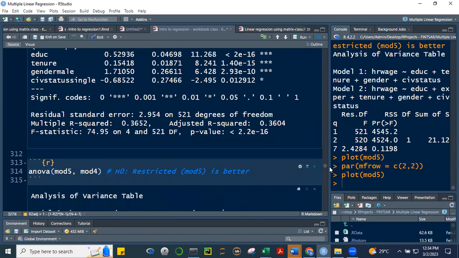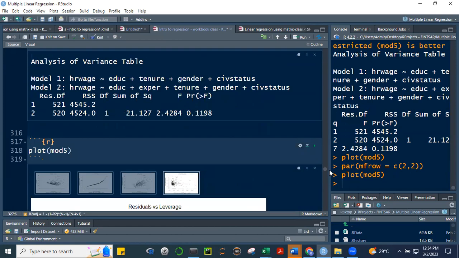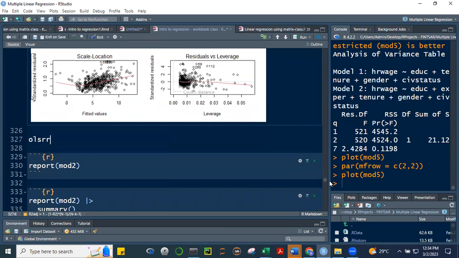Tapos iisa-isahin natin hanggang lahat maging significant na. That can be very long. Enter OLSRR. Okay? Ito class, isang code lang, and then siya na mismo sa stepwise. Ibibigyan na niya sa atin yung final na model. Okay, so we'll look at this next meeting.